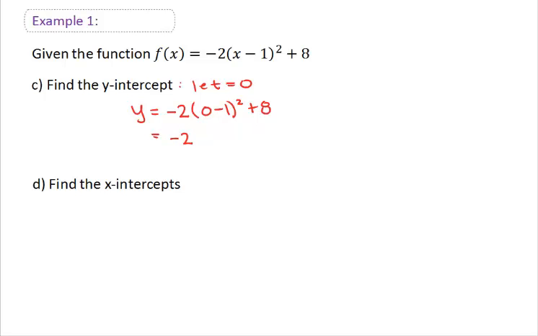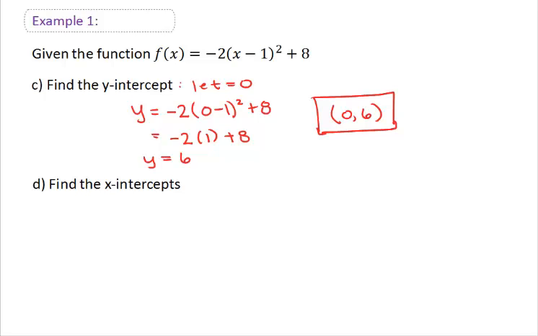Well, (-1) squared gives me +1. -2 times +1 gives me -2. And -2 plus 8 gives me 6. So that tells me my y value is 6, or my y-intercept is the point (0, 6). Since these parabolas open up or down, you should only have one y-intercept.